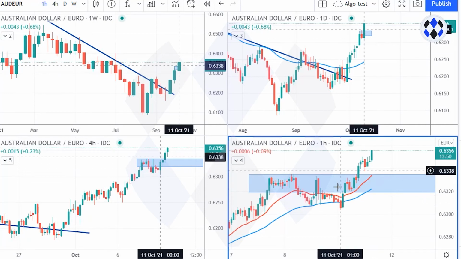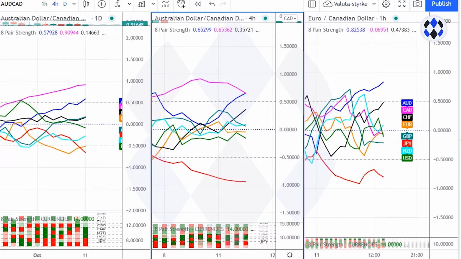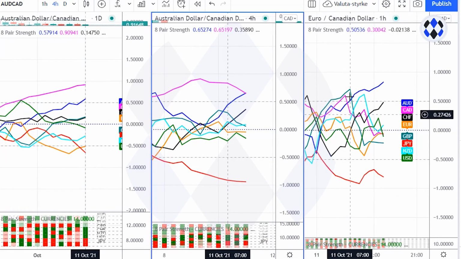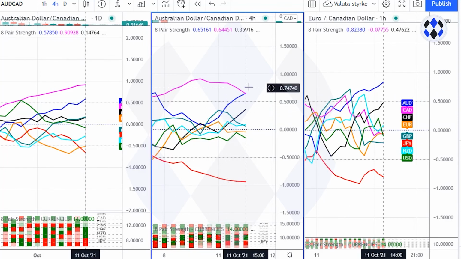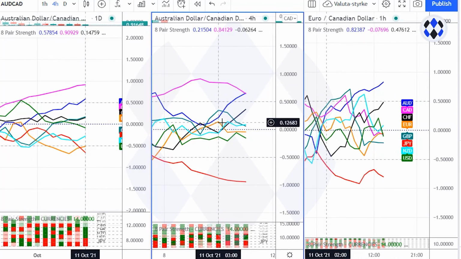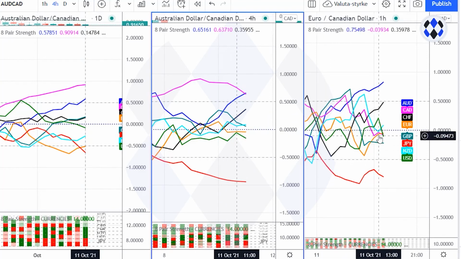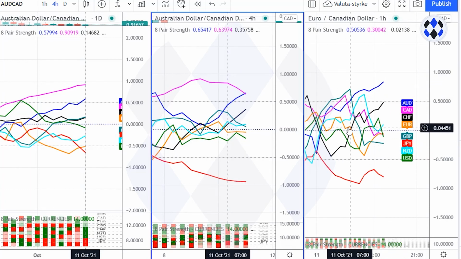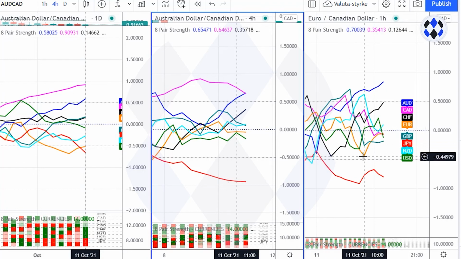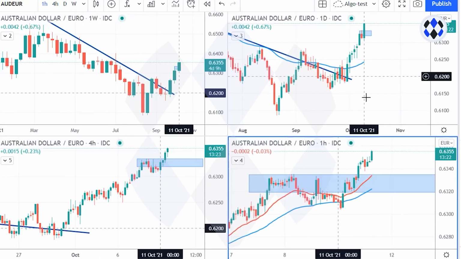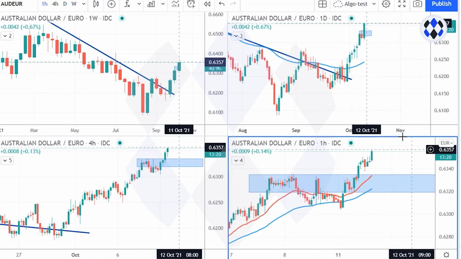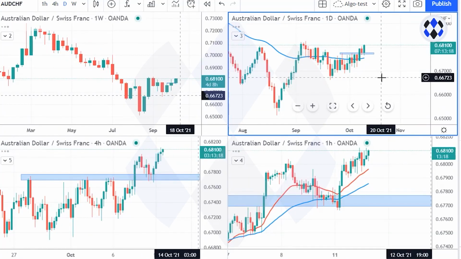It was not the perfect setup, but I took it because, as you can see this morning, we saw the Australian dollar moving up the blue line here, and then we have this orange brown moving downwards, and now it has retraced a bit up here, but the Australian dollar and the euro was moving really violently away from each other here, one in the strong side, one in the weak side. So I simply took a break here. I took it of course short, and I'll show you the real trade just in a second.